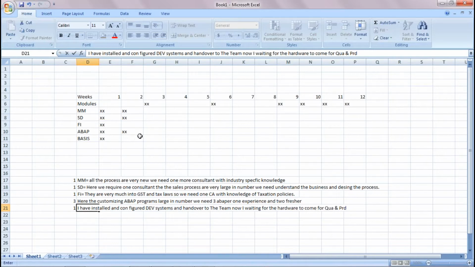Now, this is the status for the first week. When the second week comes, according to their things, they started working.